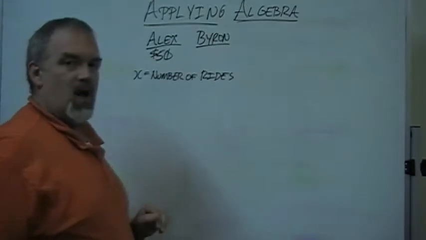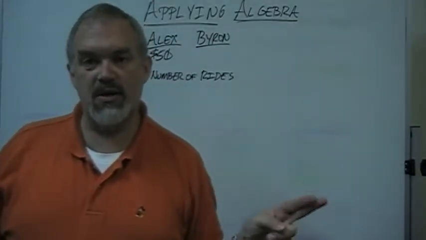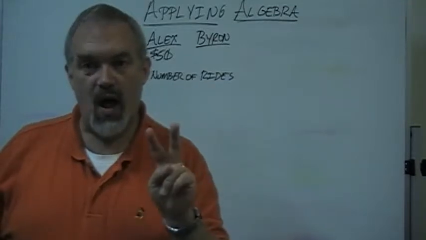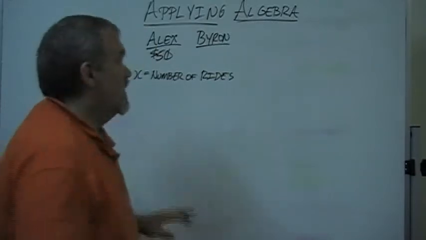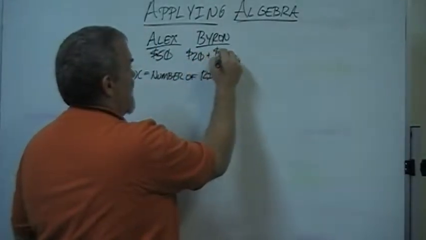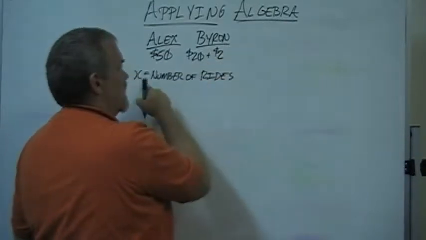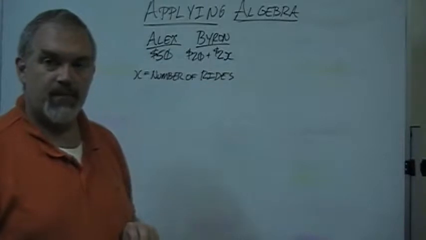X is the number of rides. So Byron is going to pay $20 to get in the door and then $2 for each ride that he rides. How much is he going to pay for the day? He's going to pay $20 plus $2 times the number of rides, or 2x.